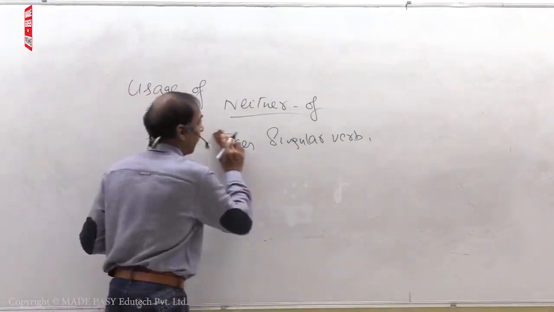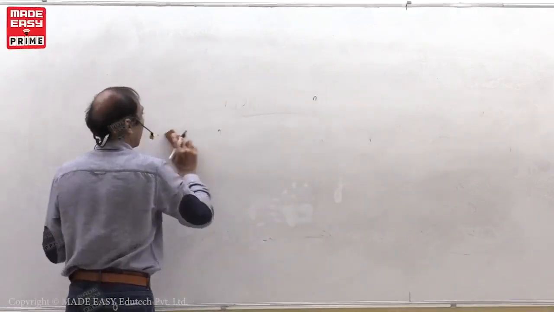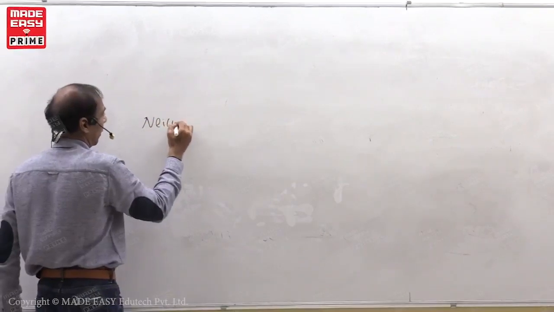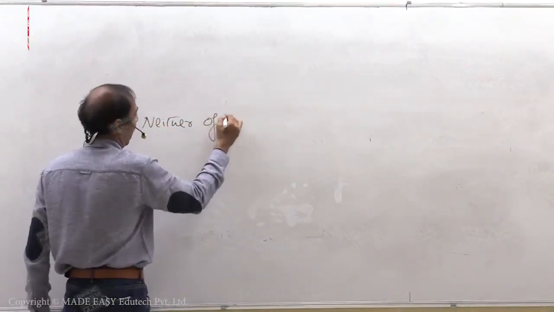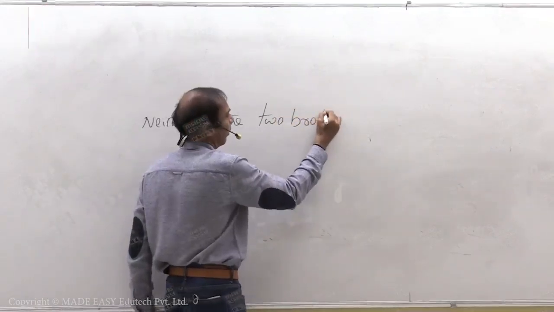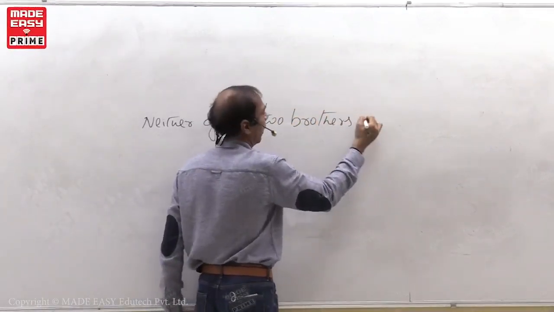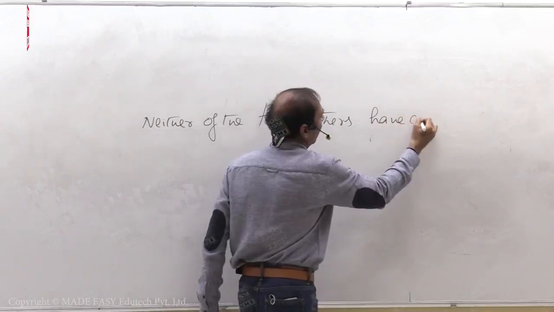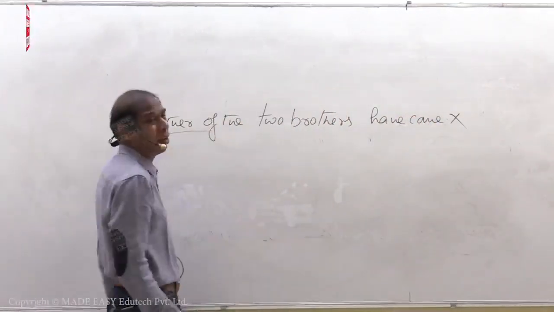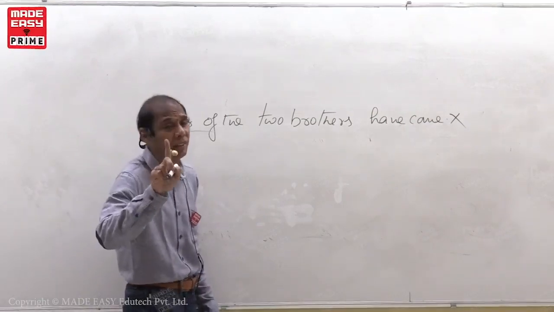For example, see. Neither of the two brothers have come. This is wrong. Why? Neither of always takes singular verb.